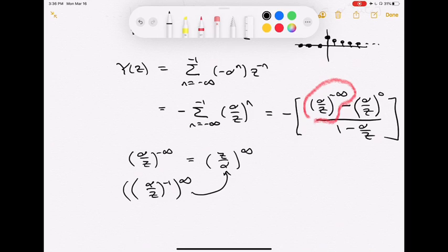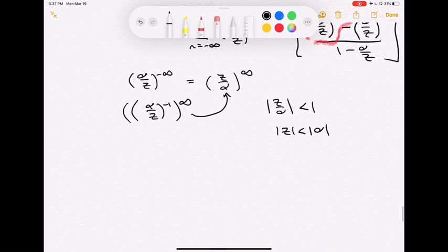Well, the way we get this to go to 0 is that the norm of z by alpha has to be less than 1. We still need that size less than 1. If you compute that out, that's norm z less than norm alpha. Just the opposite condition that we saw in the previous example. In the previous example, the right-sided signal gave me norm z greater than something.